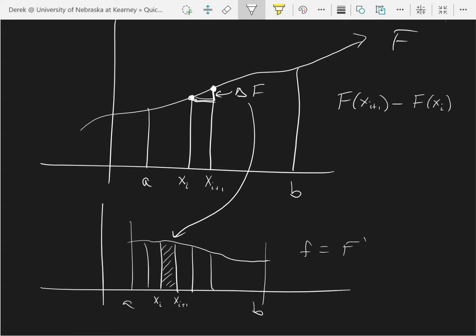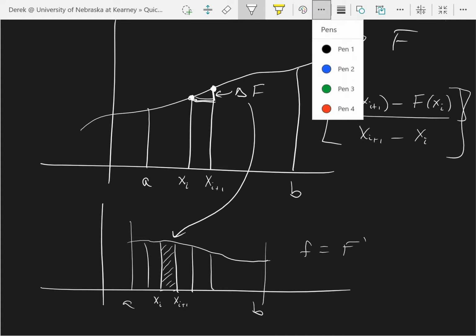And this value divided by the delta xi, which is xi plus 1 minus xi, by the mean value theorem, has some point between xi and xi plus 1.